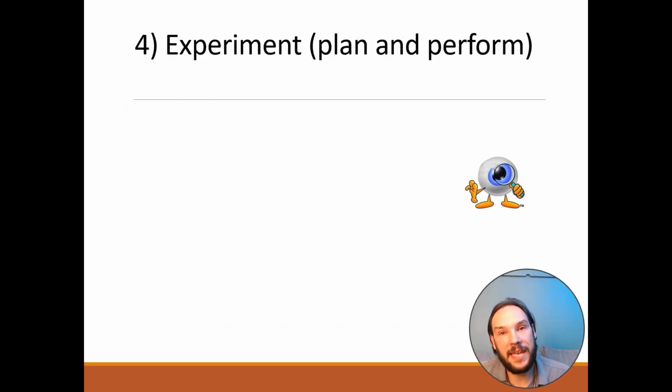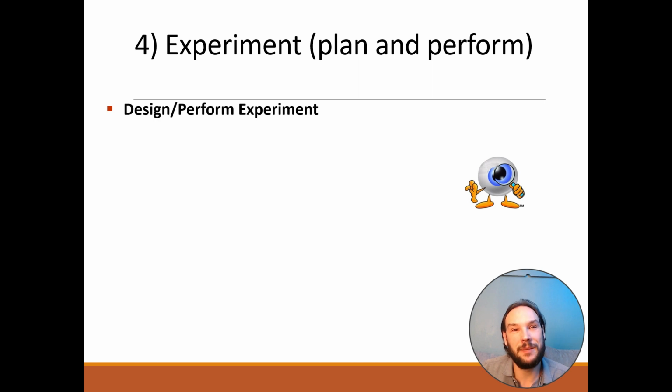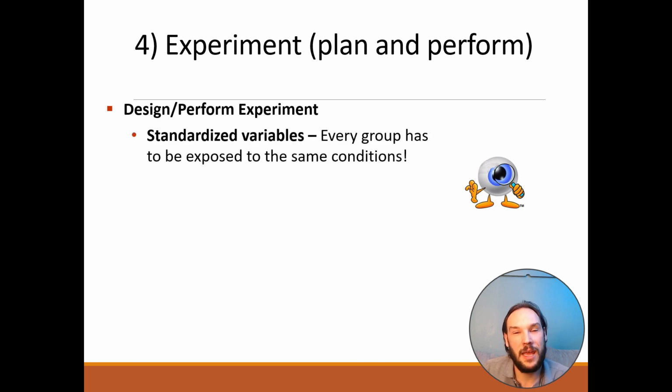Let's go back to the different variables that we talked about. So we designed and performed an experiment, and I talked at the beginning about standardized variables. So every group must be exposed to the same conditions. Standardized variables were the one thing we actually didn't have defined at this point.